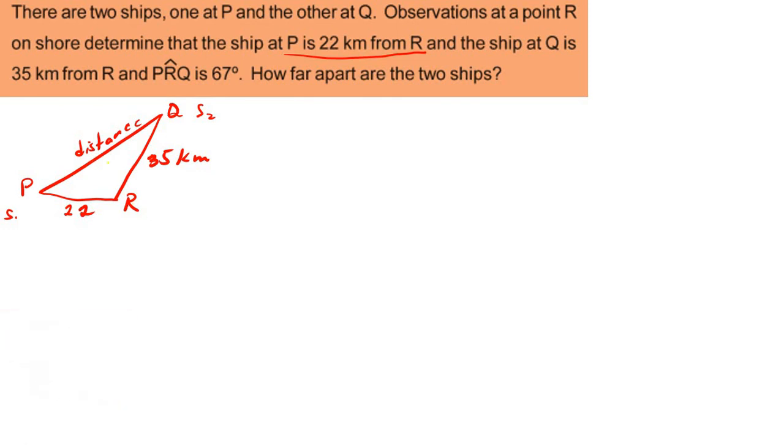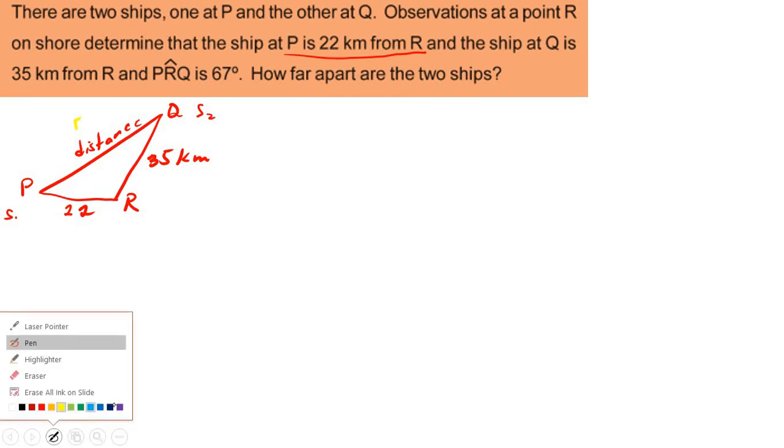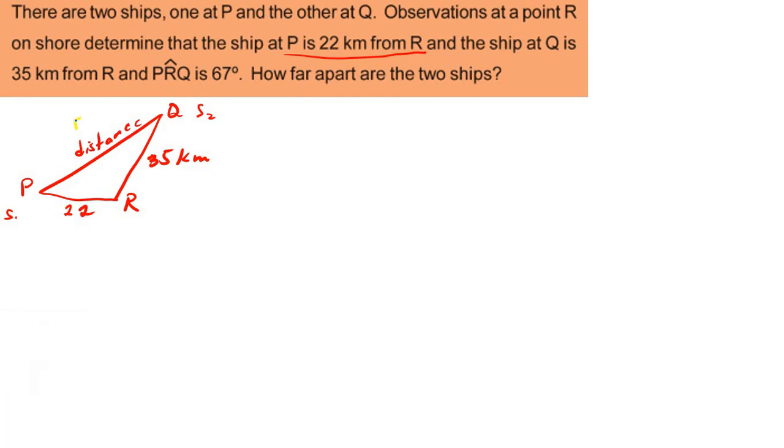Sorry, let's change that. So that would be R, that is P, therefore this is P. That is Q, therefore this is Q. So what is being asked? That would be P to Q, or this would be the distance R. So following the cosine law, R squared is equal to the other sides of the triangle.